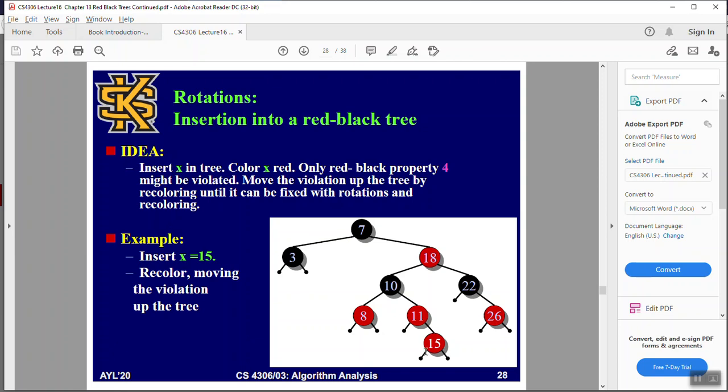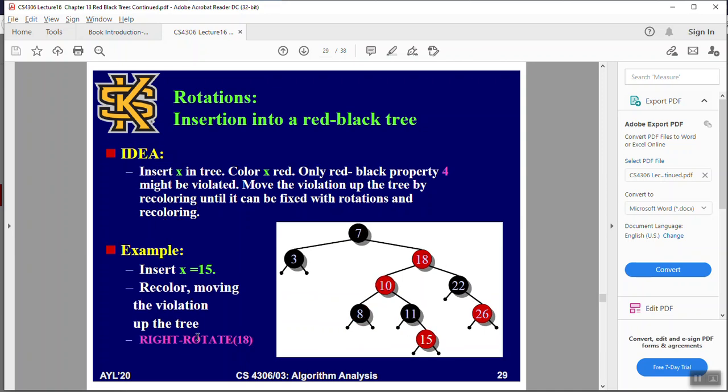So initially make it red. Now it is violating, right? So then we recolor and move the violation up the tree. So where will we move it up? Let us see.